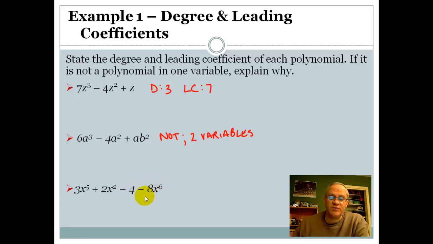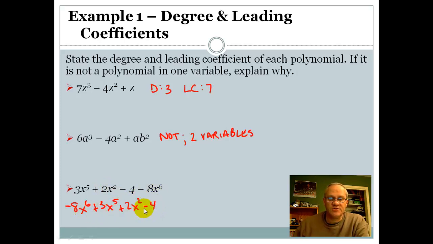So basically we want to probably write this in descending order first. So this comes first, the negative stays with the 8. Negative 8, x to the 6th. Then we have plus 3x to the 5th. Then plus 2x squared. Then minus 4.